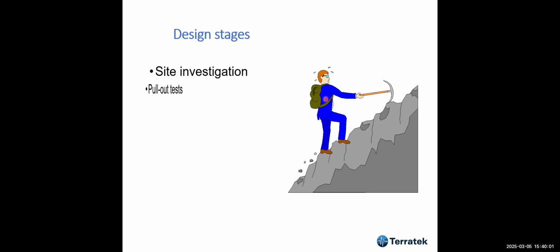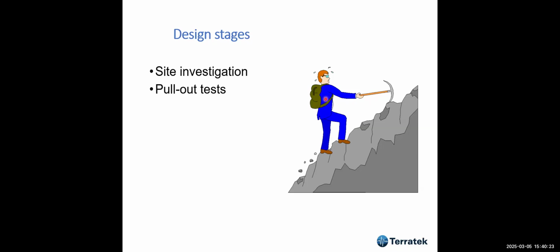Okay. You have to do pull-out tests in order to be able to design the nails. The problem is I never did pull-out tests before, except in Brasilia, where I managed to come up with some pull-out tests before the actual construction.